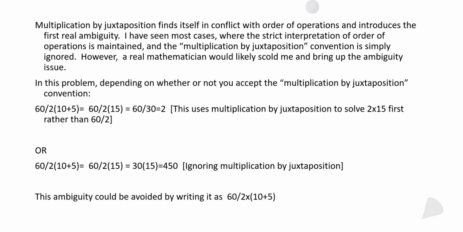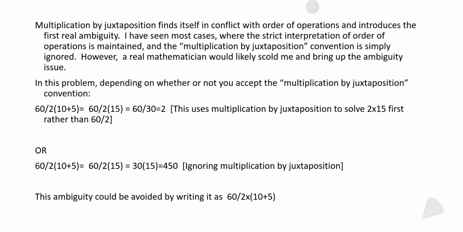But then if I'm looking at this 2 outside of the parentheses, there's no multiplication symbol. So according to multiplication by juxtaposition, I have to go ahead and do the 2 times 15 first before I do that division. So even though the division lies to the left, multiplication by juxtaposition tells me I've got to do this first. So you're going to end up with 60 divided by 30 equals 2.